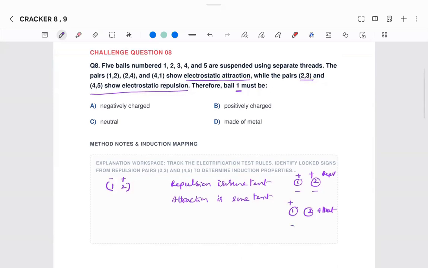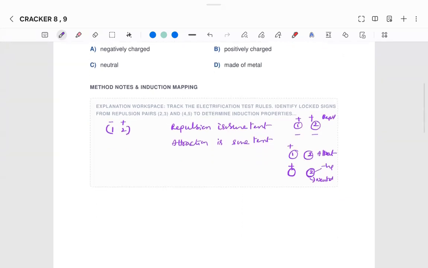One positive, 2 can be either negative or neutral. Right? So we cannot decide. Once you know the charge of one body, you cannot decide the charge on the other body. That is why repulsion is a sure test.